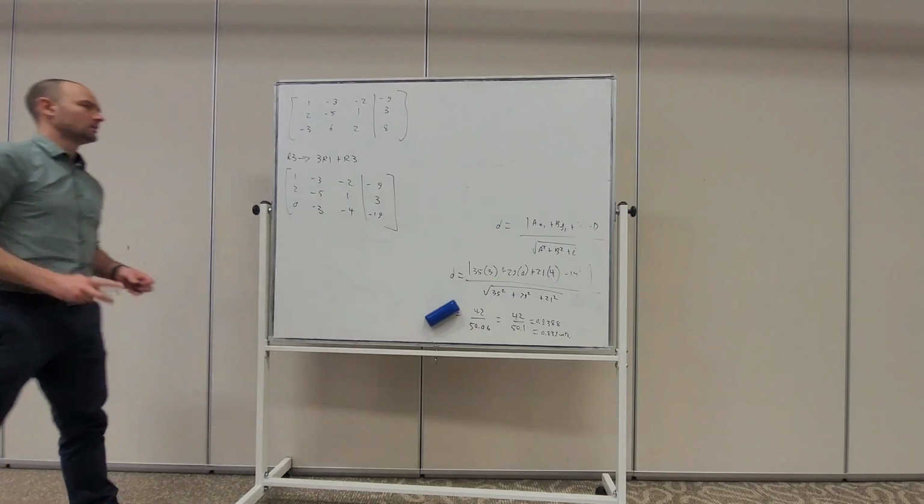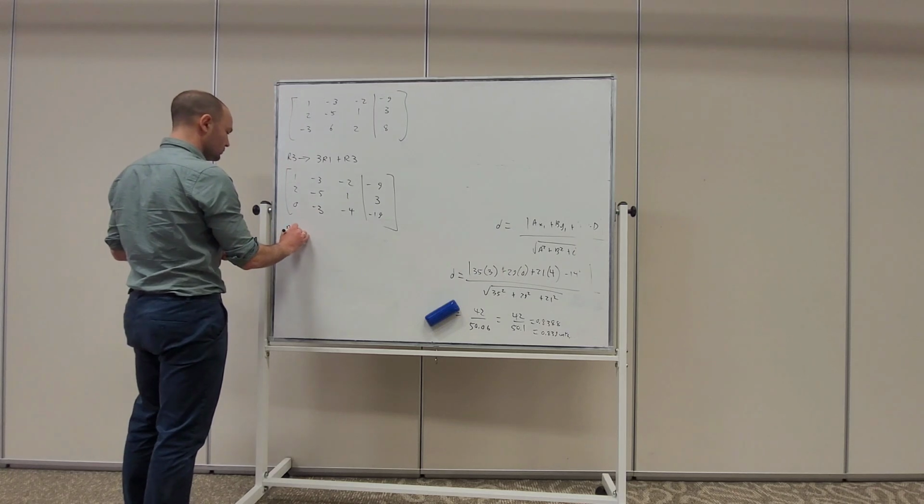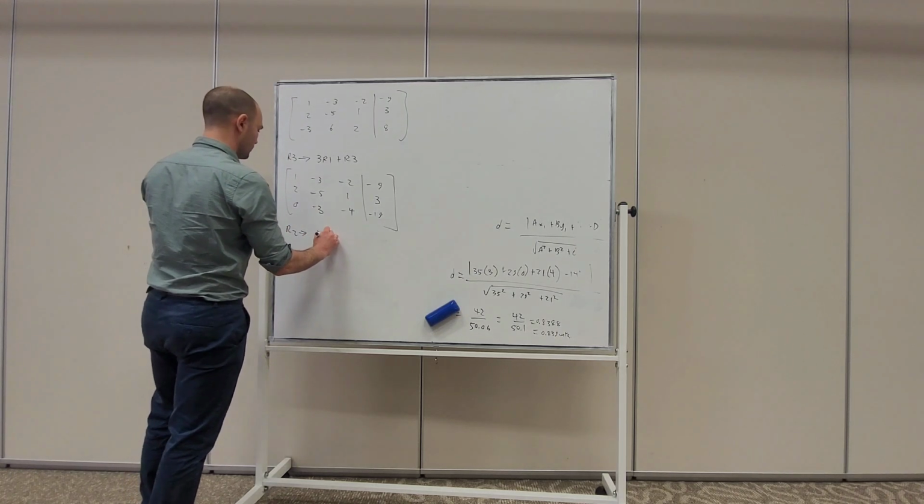Okay. Alright, next we'll replace row 2 with 2 lots of row 1, take away row 2.